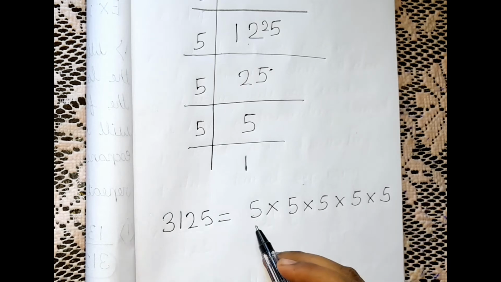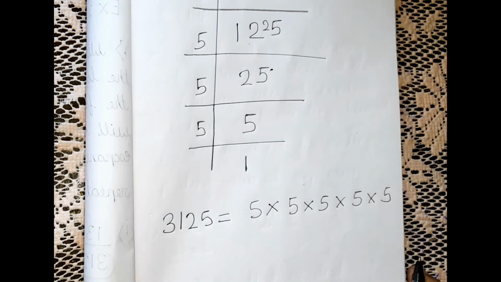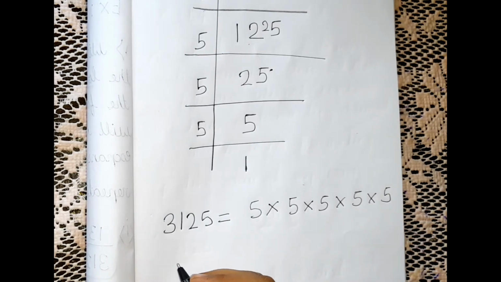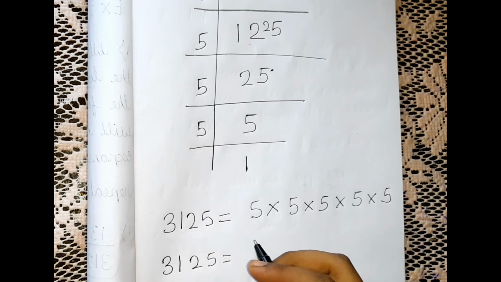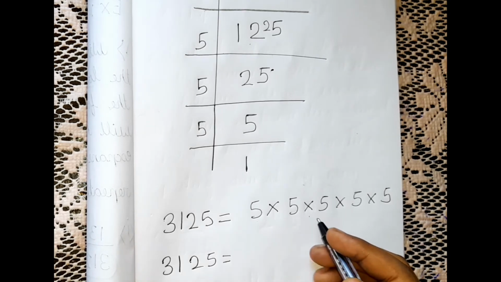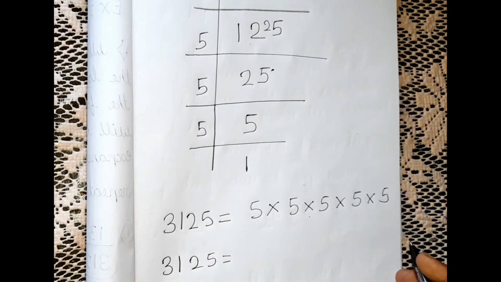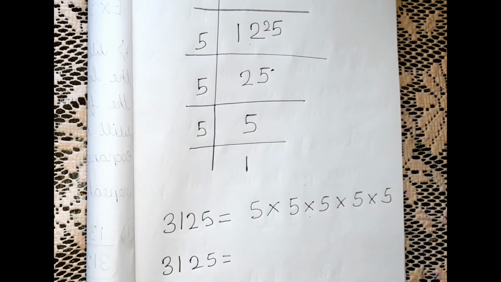So totally we have 5 fives. Now what we are going to do is, instead of writing 5 into 5 into 5 into 5 into 5, we shall write it in the exponent form.